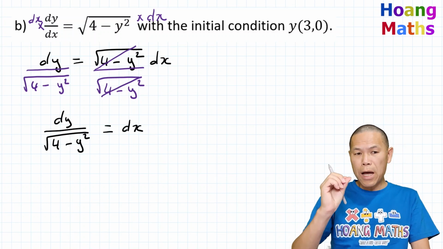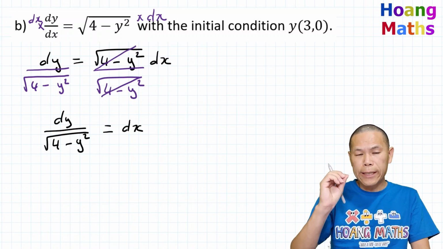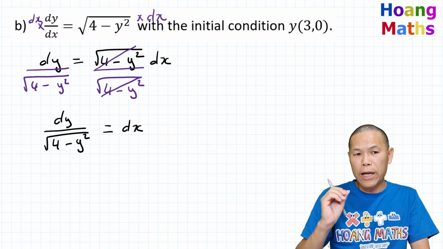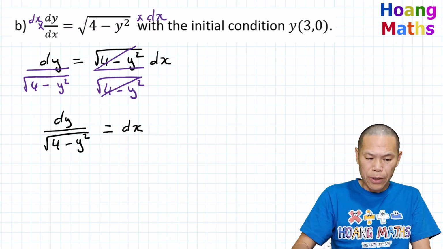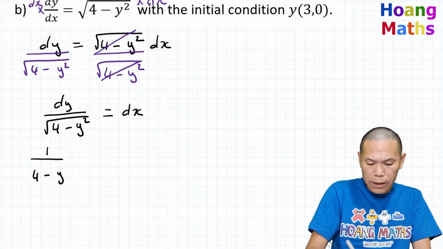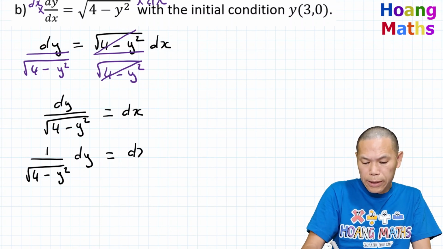Remember, dy over square root of 4 minus y square is exactly the same as 1 over square root of 4 minus y square times dy. Let me just write it in this form so you can see. So this is 1 over square root of 4 minus y square dy is equal to dx.